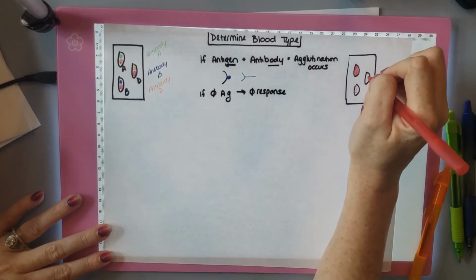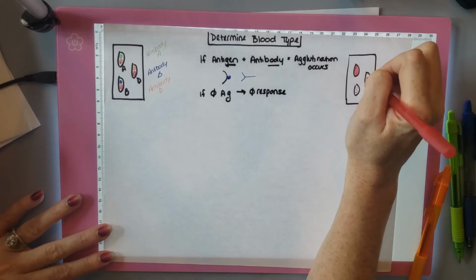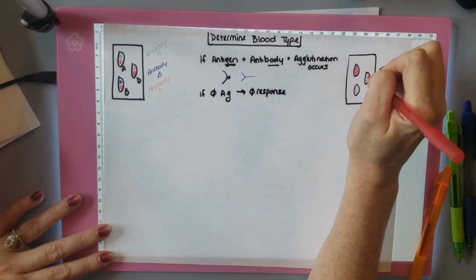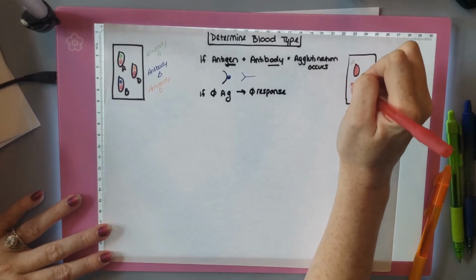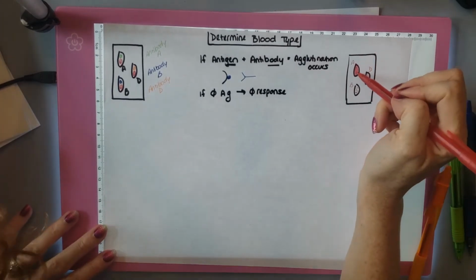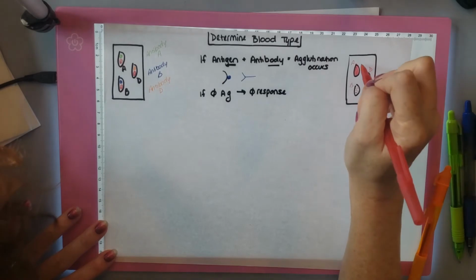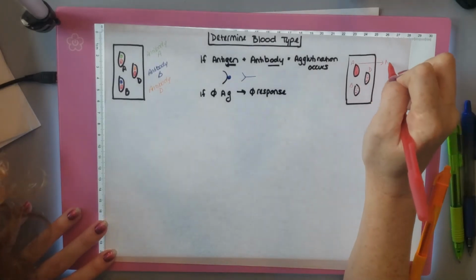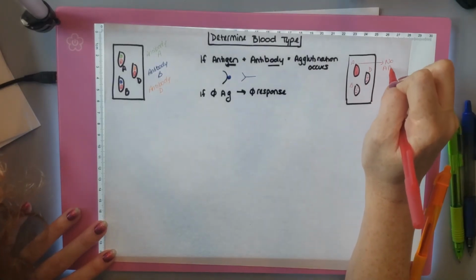Right? So if this one was, we'll just make this one spotted. Okay, just so you know, A, B, and D. So this one is nice and smooth, so therefore we know there's no A antigen.